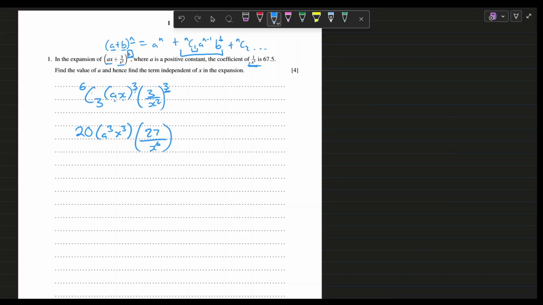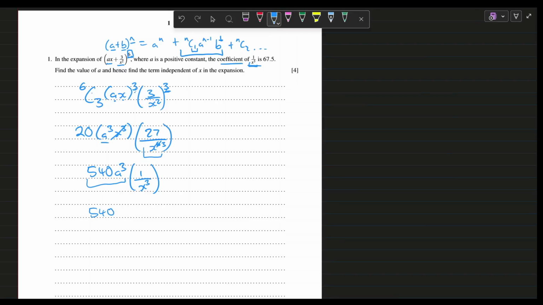When we cancel out our powers, the x³ cancels out and you remain with a power 3 in the denominator, which is exactly what we're looking for because we want 1/x³. So now we've got 20 times 27, that's 540a³, times 1/x³. So the coefficient of 1/x³ is 540a³.